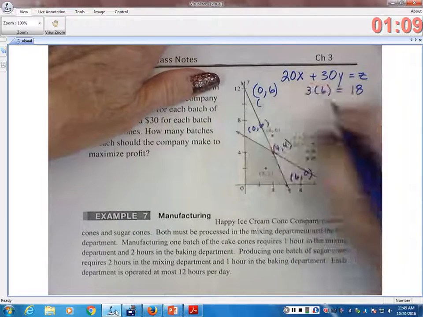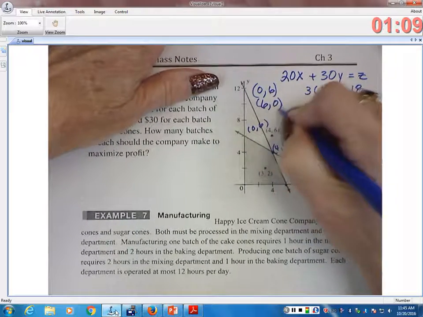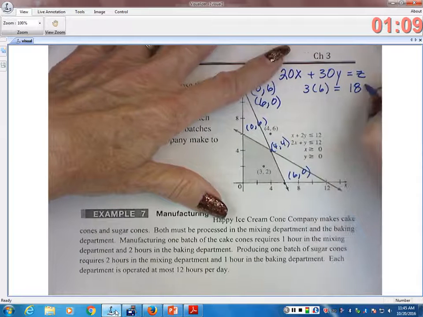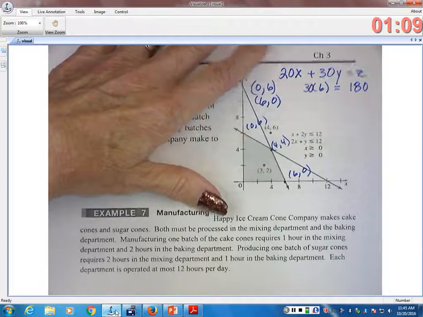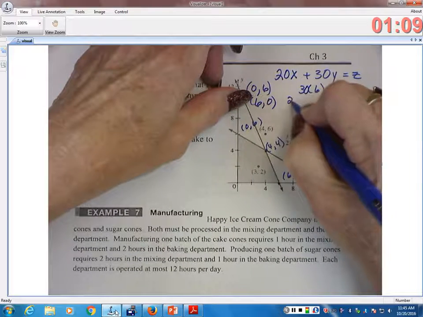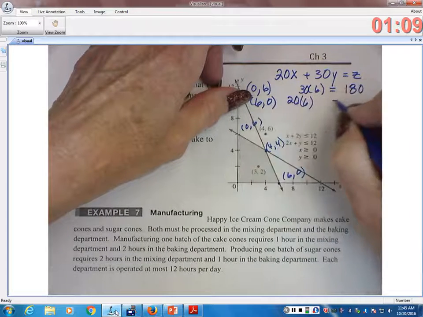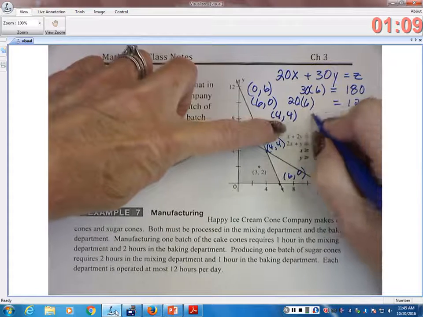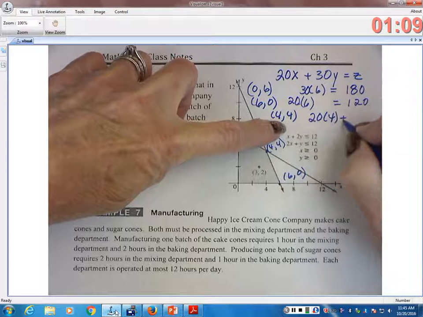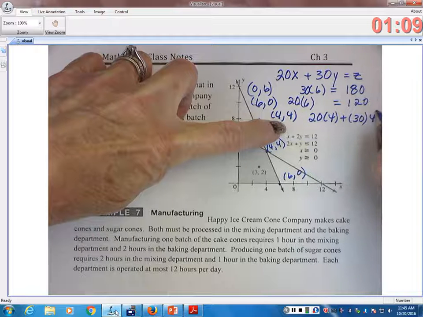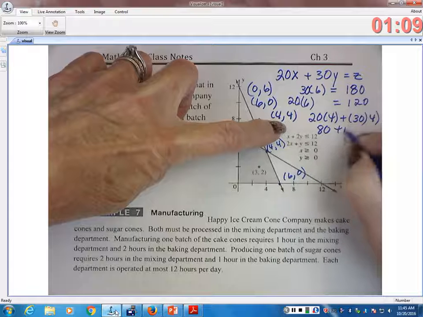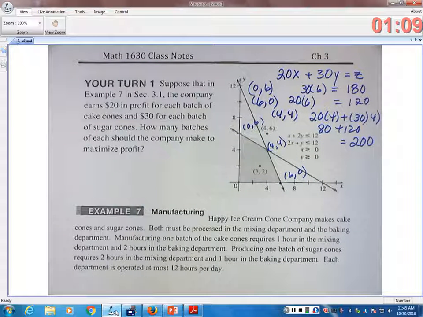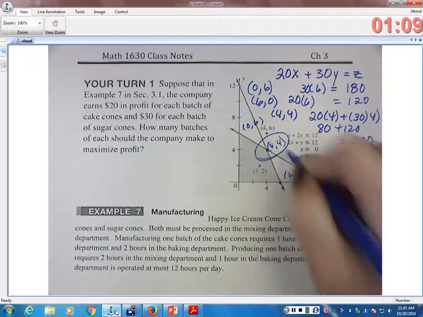If they make all cake and no sugar, that will be 20 times 6, which is 120. But if they make 4 of each, they'll make 200. So their maximum is to make 4 batches of each.